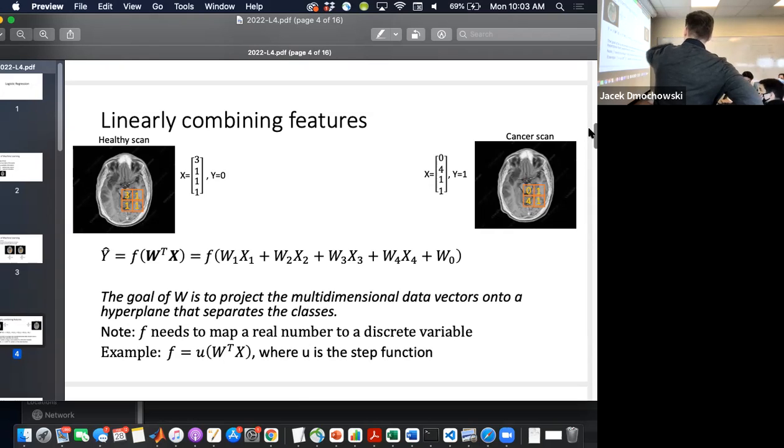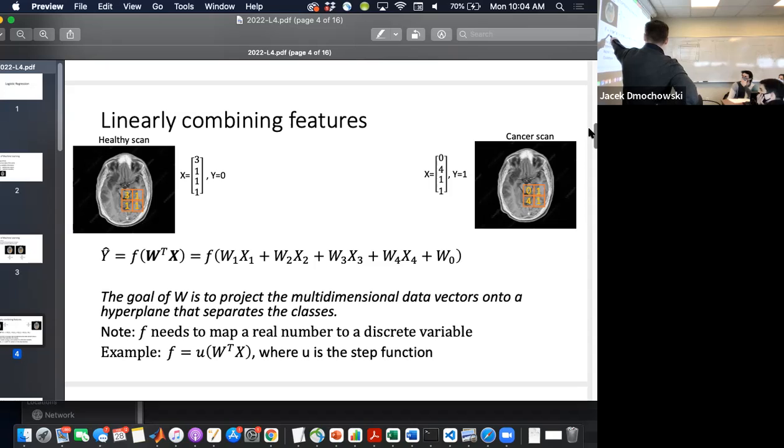All right, so we have a healthy scan and we have a cancerous scan, and we want to figure out a mapping of the pixel values, the voxel values of the scan, to predict Y. As I said, this function f has to have a nonlinearity.